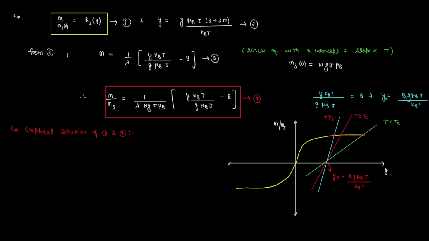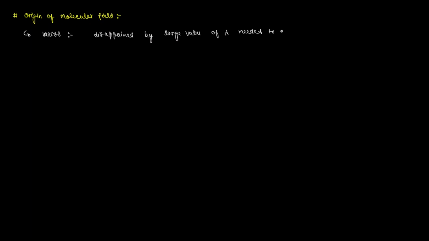For now, let us discuss the origin of the molecular field, and we will derive the relation of exchange constant with the Curie temperature. When Weiss proposed his molecular field model in 1907, he was very disappointed that the constant lambda needed to be very large to agree with the larger values of Curie temperatures.